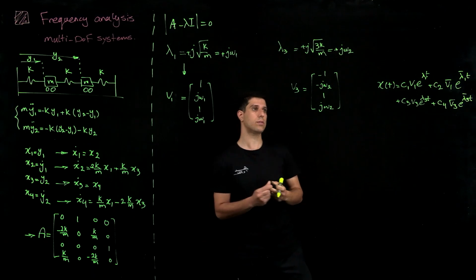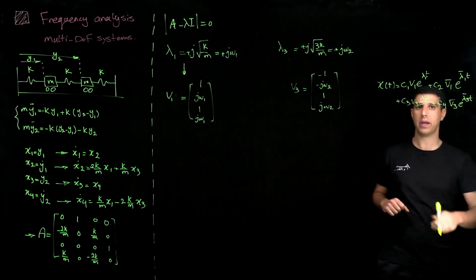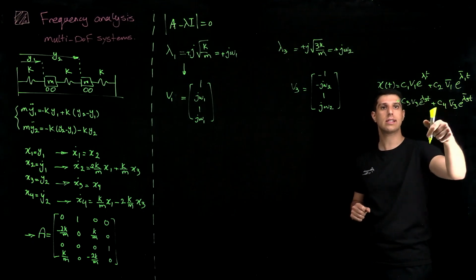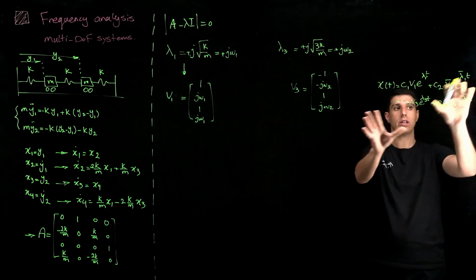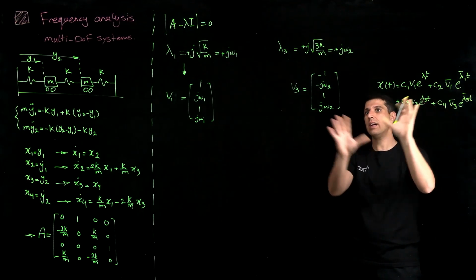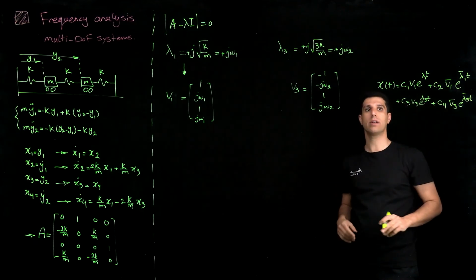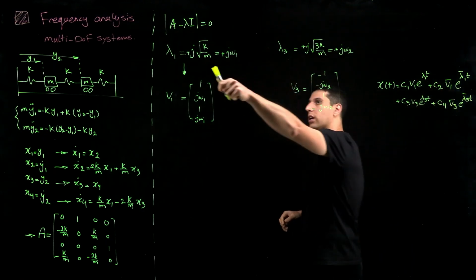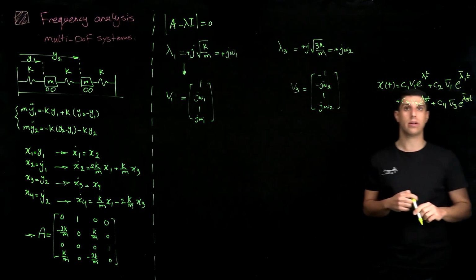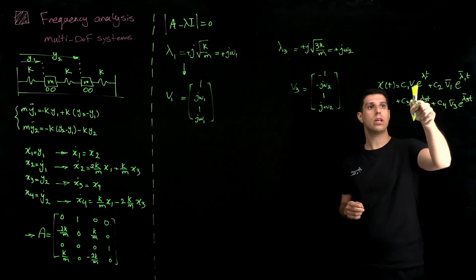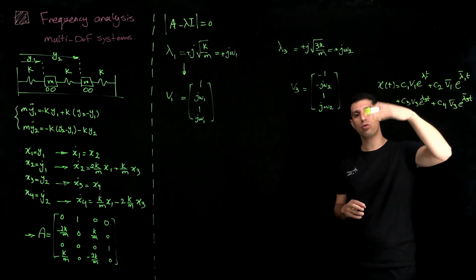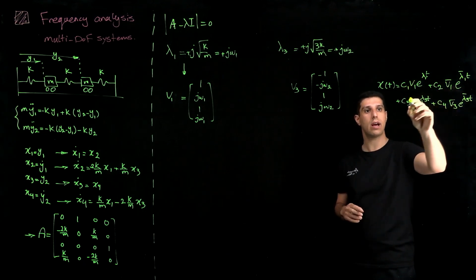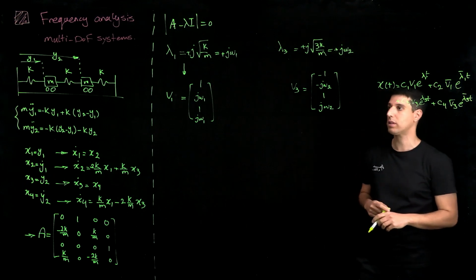So this is the full solution. Depending on the initial condition of the system, you can find these c1s and c2s, but essentially you are linearly mixing these modes of oscillation. And because all lambdas are purely imaginary numbers, these e to the lambda t's are pure rotations that rotate the vectors v1 and v3 and their complex conjugate pairs.